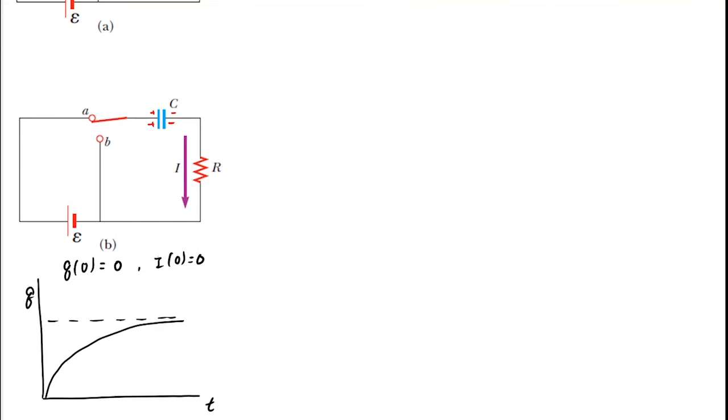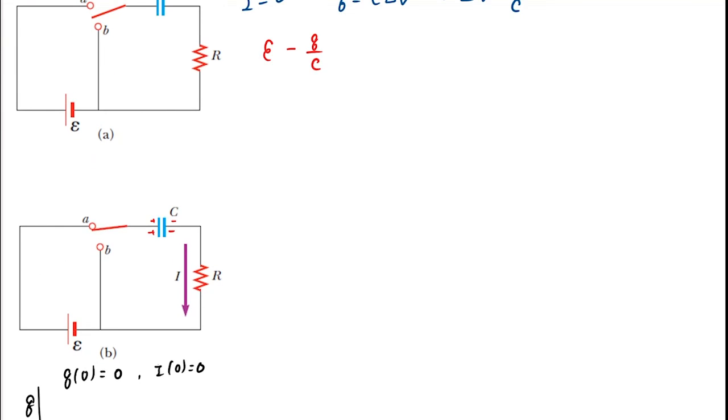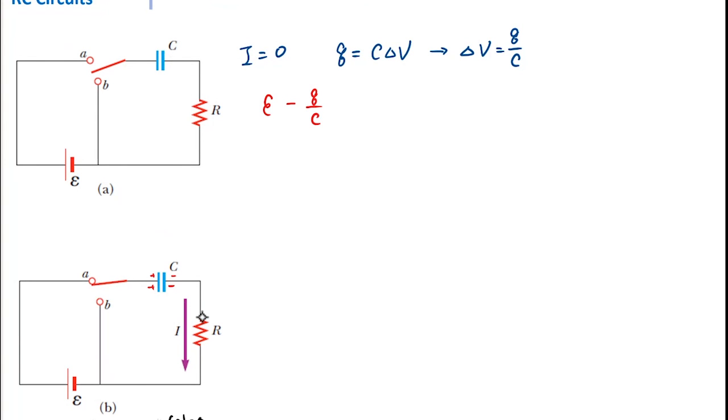This will be the maximum charge you can store, we'll call it capital Q. Okay, so that's the differential equation. And then here, you lose some more. So this is minus IR is equal to 0 according to Kirchhoff's law.